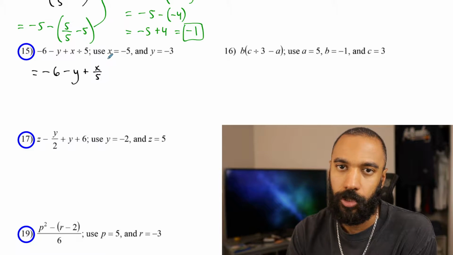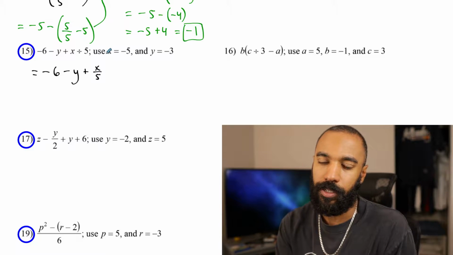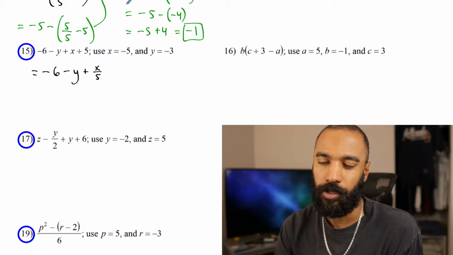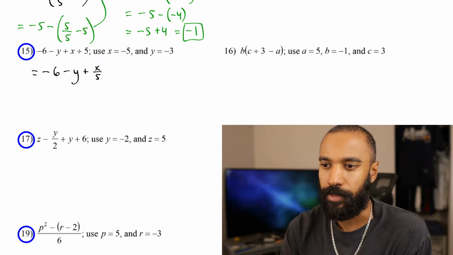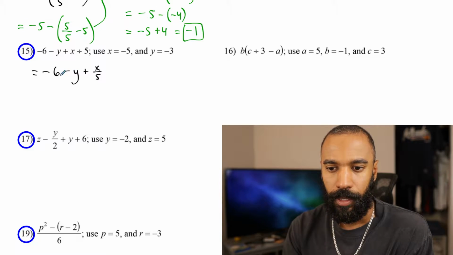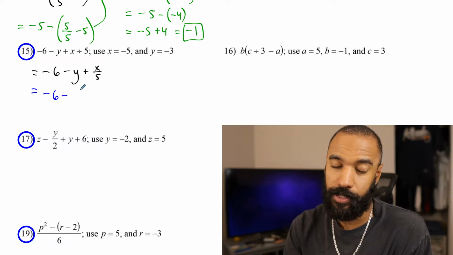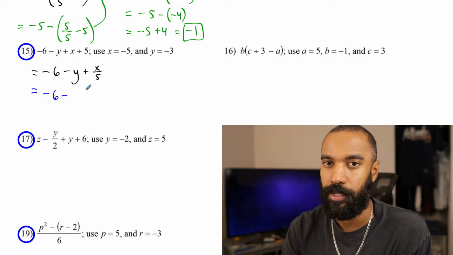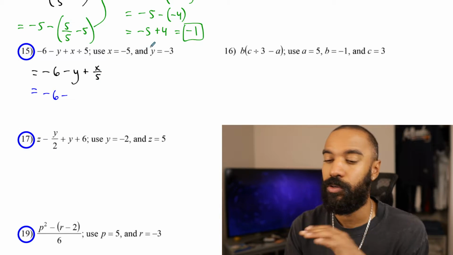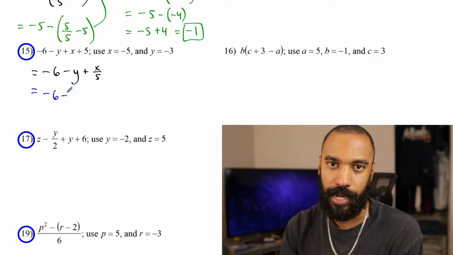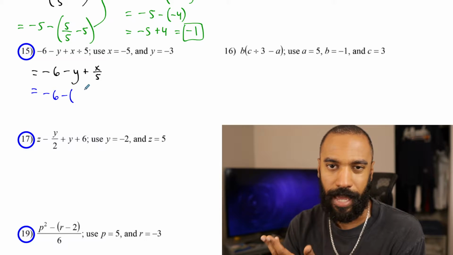Is it required you do this rewrite? No. But you're going to get used to seeing fractions more, so I'm just giving you that outlet, and you have the idea. Okay, let's substitute. y is -3 and x is -5. -6 minus, I like parentheses in this case, especially with a minus in front. Well, especially with a negative. I like it with a negative and with an operation of any sort, really.